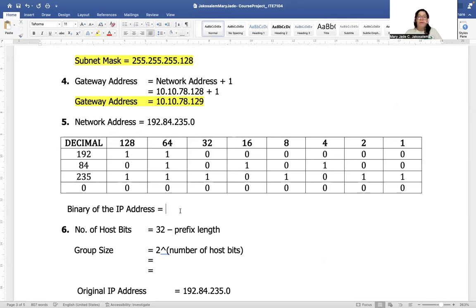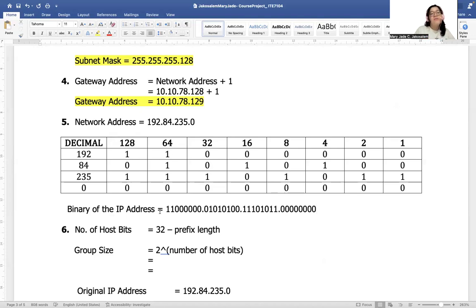Hence, the binary of our IP address is 11000000. 2 ones and 6 zeros. Then 01010100. Then 11101011. Then 8 zeros.